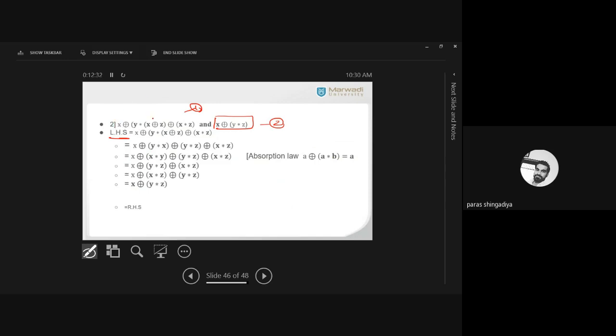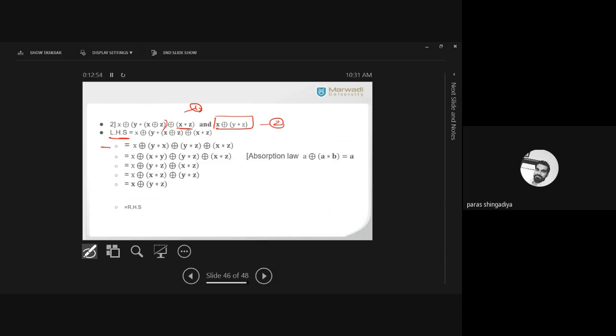That is a bracket with this form only. This y star x ring sum z is multiplied with x ring sum z only. This part is separate, that is not multiplied with y. Clear? Ring sum x star z and x ring sum z.